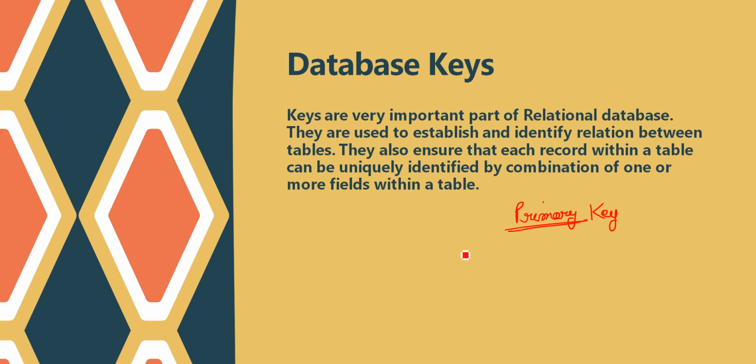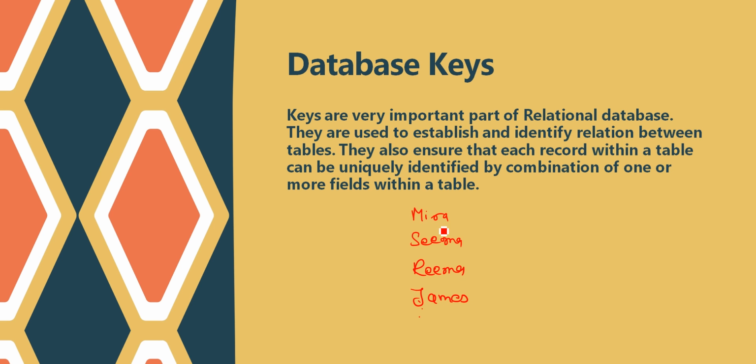Primary key basically uniquely identifies a row. Let's say in my table I have 5 rows again, but this time I will not depend on the names of students like Meera, Seema, Reema, and James.